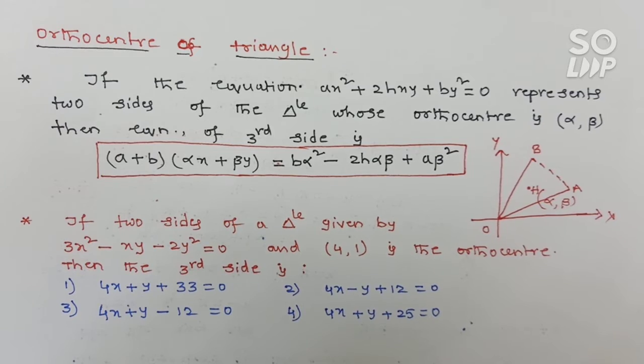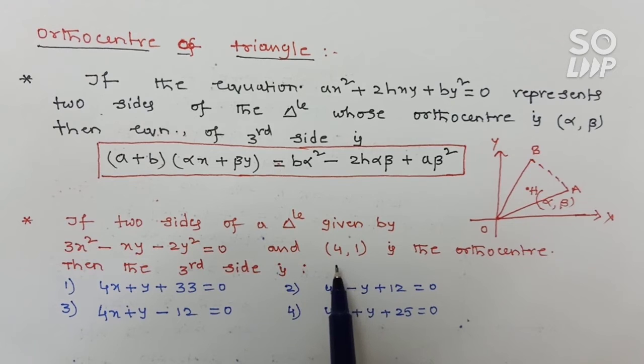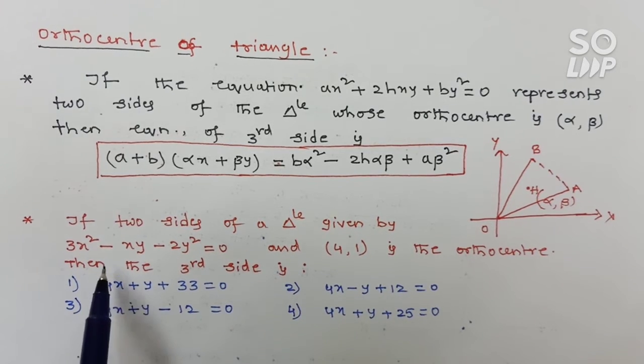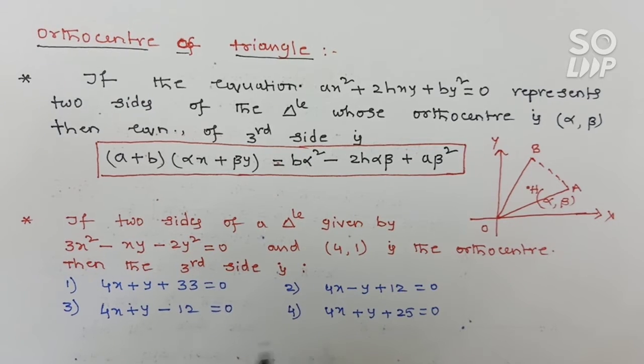Here is an example of the above formula, where the orthocenter of a triangle is given along with two of its sides, and we have to find the third side.